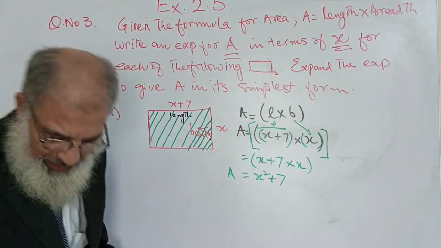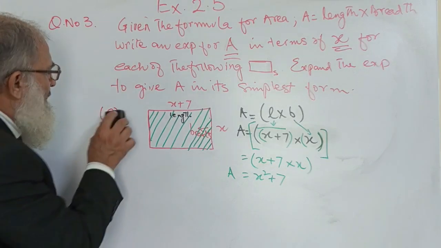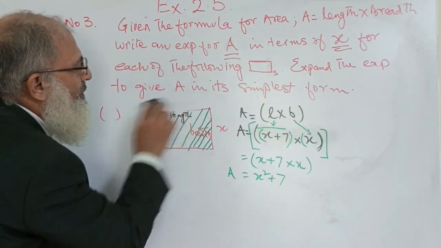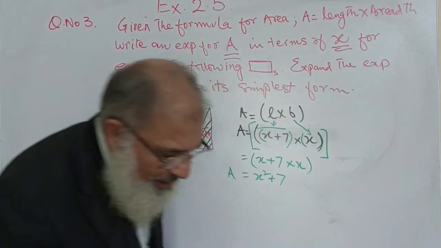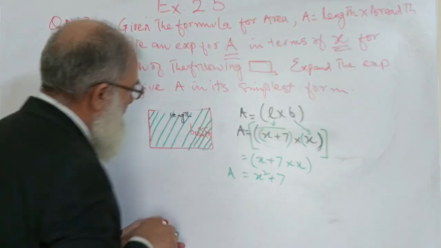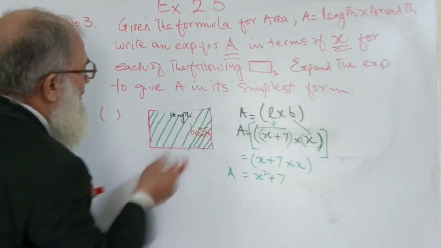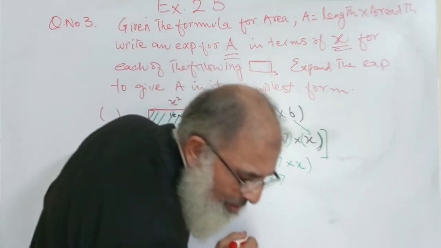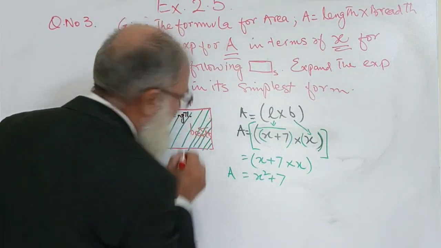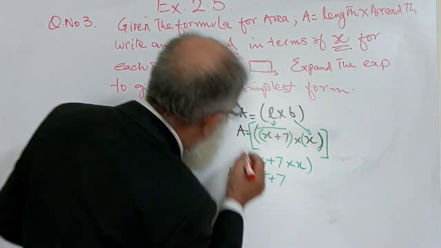Let me do the second part, B, in the same way. Now it is x square minus 1, and the breadth is 2x.